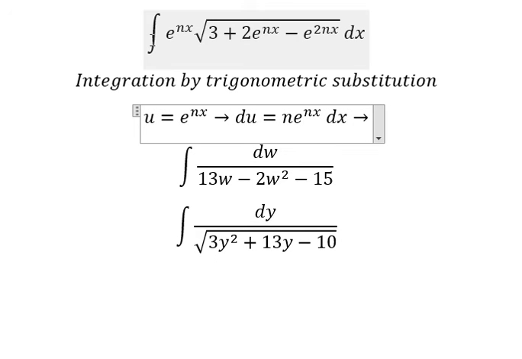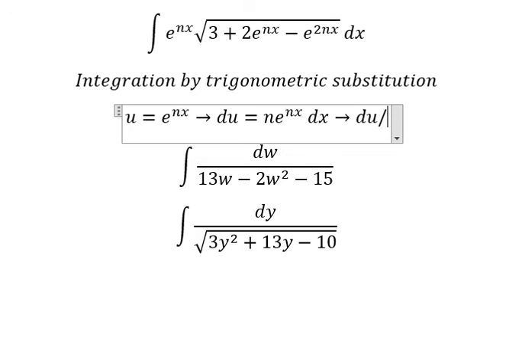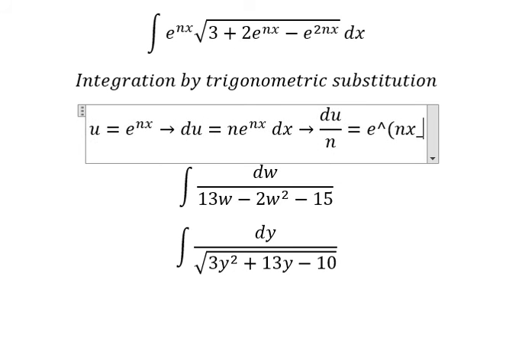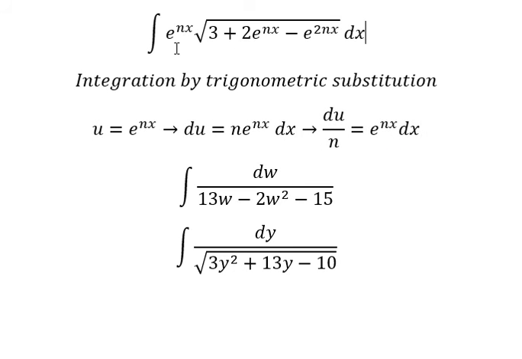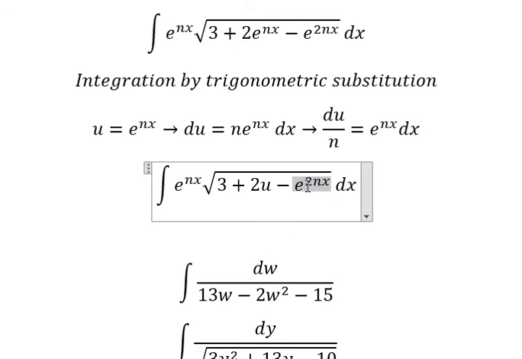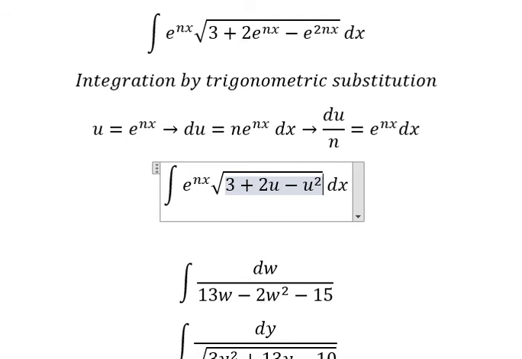Because we don't have n in here, we divide both sides by n. So this one we change for u. This one we change for u square. This one we change for du over n.